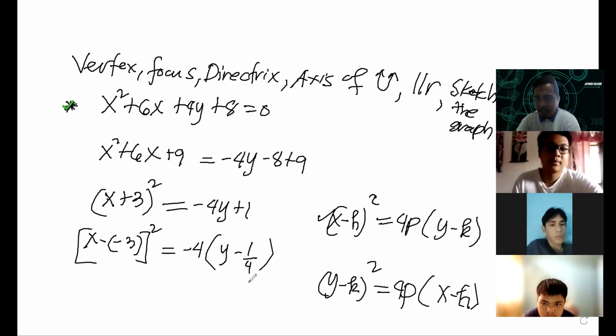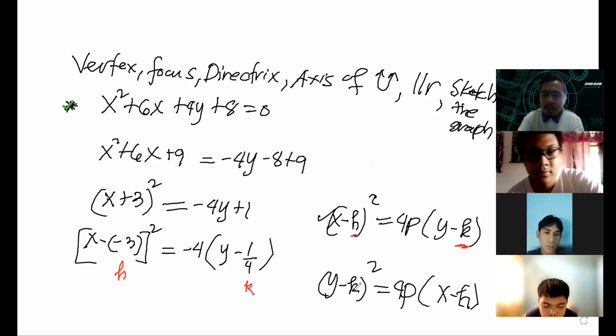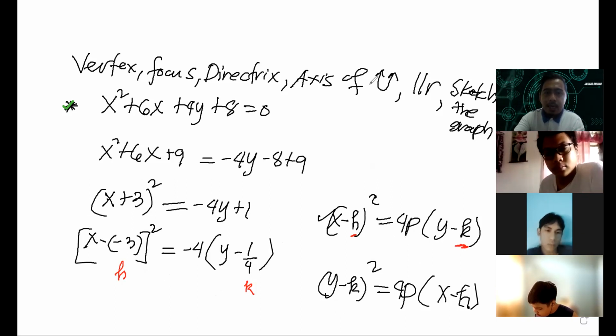I think it is now clear that we already have our h, right? From here. See it? We already have our k from here. But the only thing that we need to look for is the p, right?